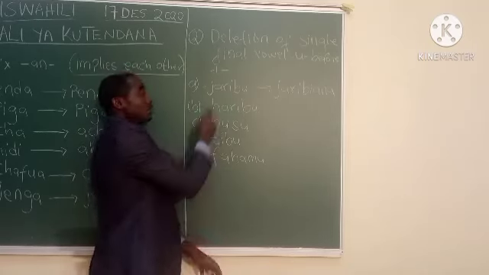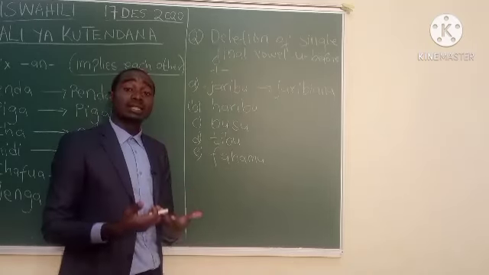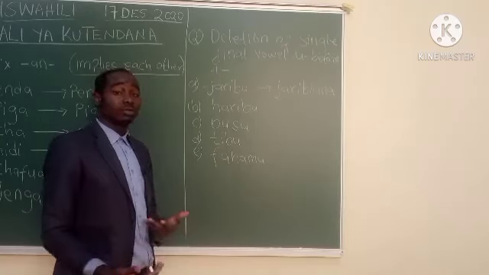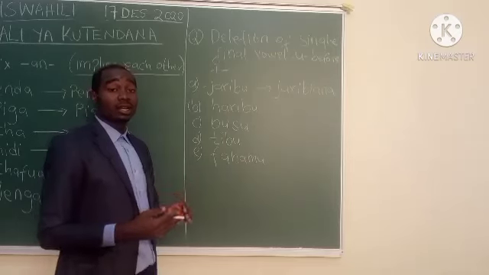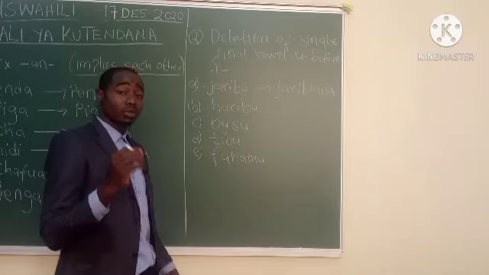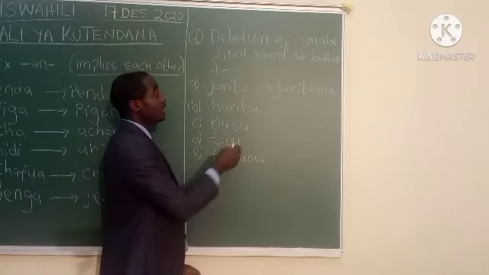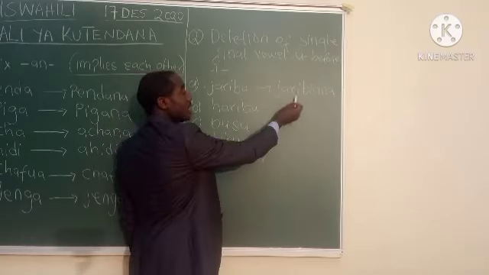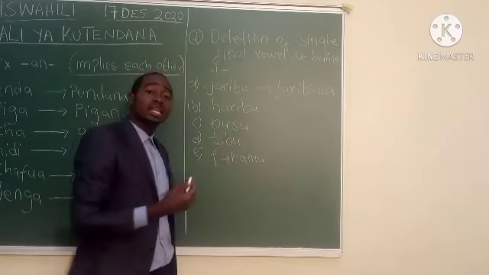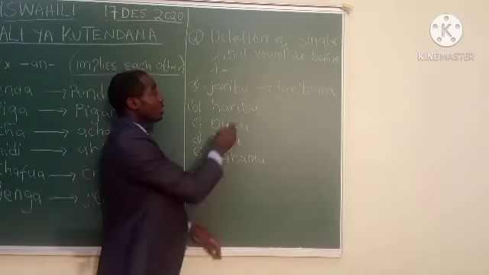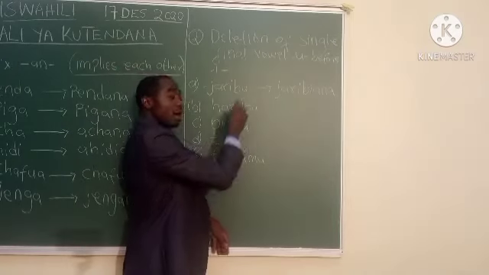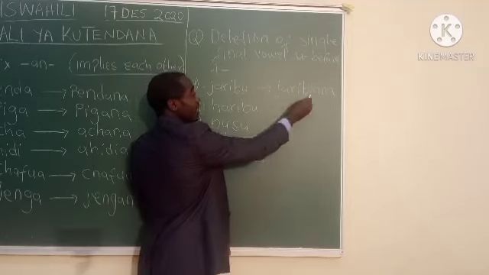So jaribu is try, sawa. In forming the reciprocal form, this verb will be jaribiana. Jaribiana is to try each other. You see now here this u has been replaced by e.